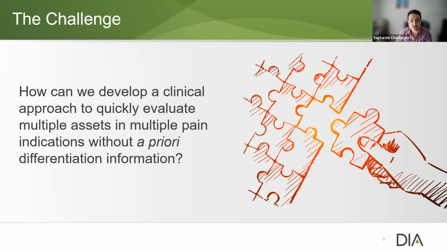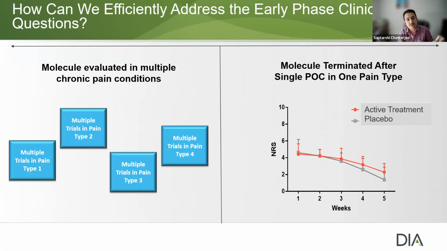Now, when we were asked this, we thought about two scenarios that we saw in practice, internally or externally. On the left, you see a scenario where a molecule is being tried in multiple trials, in multiple POCs, for pain type 1, pain type 2, pain type 3, and pain type 4.